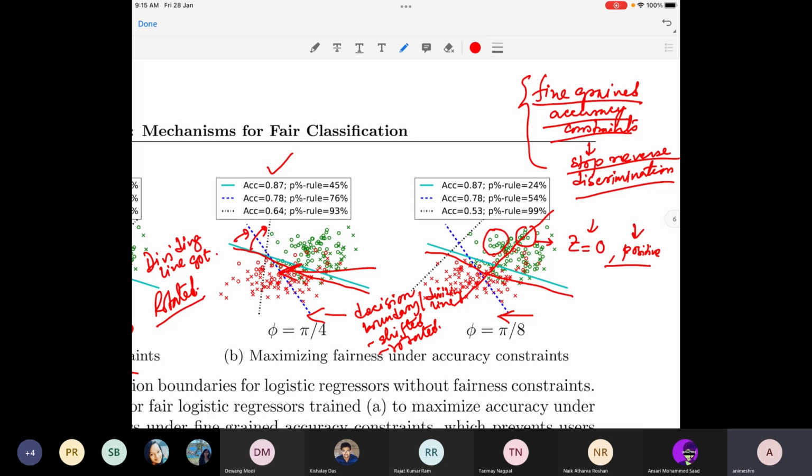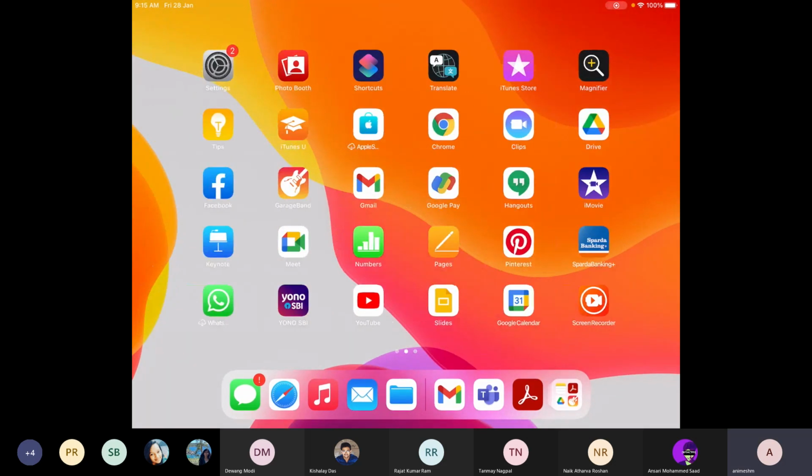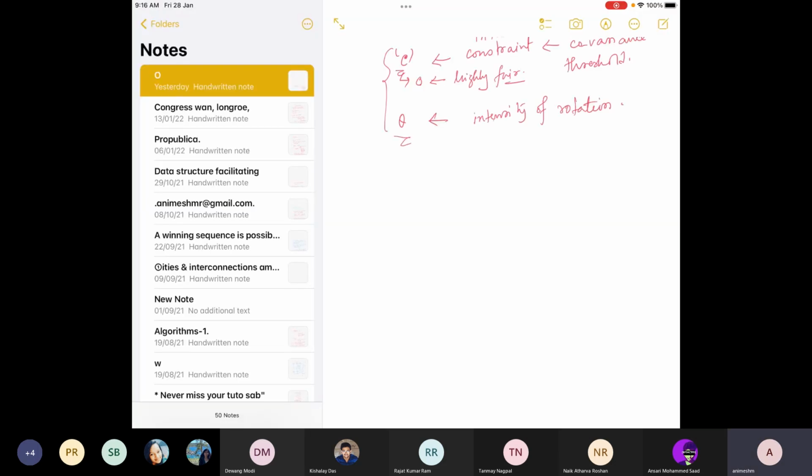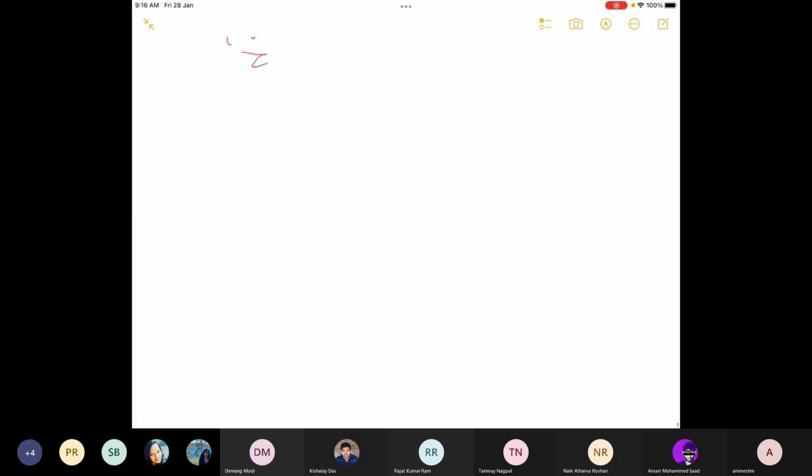Now, as I said, the authors also did experiments on real data sets, and in particular they used two real data sets.